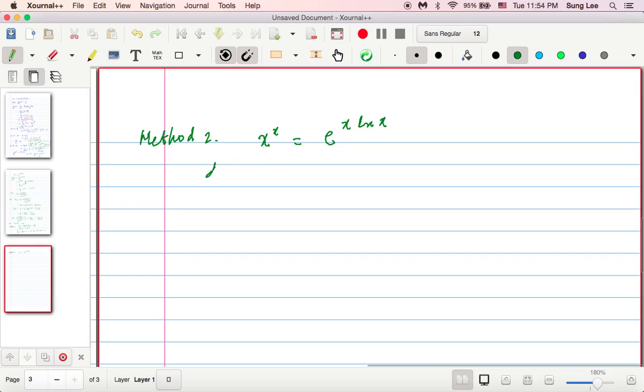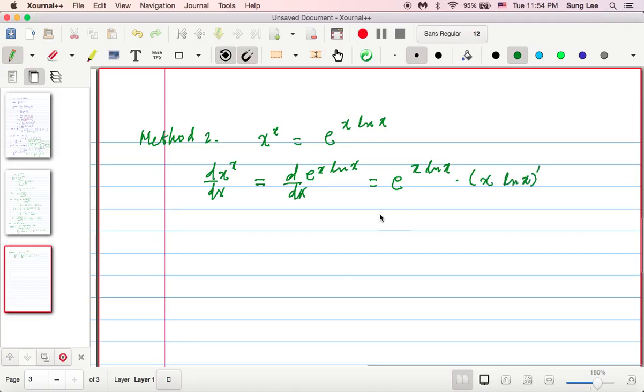So the derivative of x to the power x equals the derivative of e to the x times ln x. Using the chain rule, because this is a composite function, we get e to the x times ln x times the derivative of x times ln x.